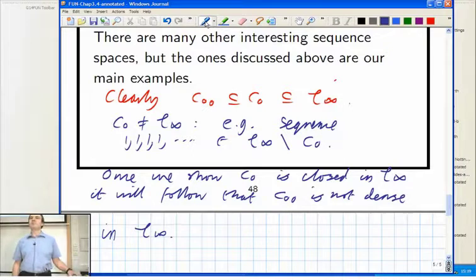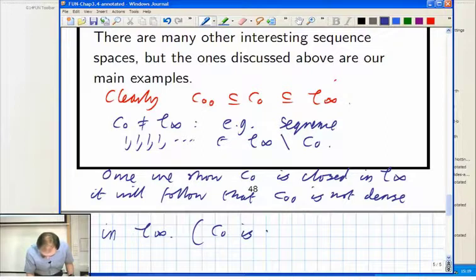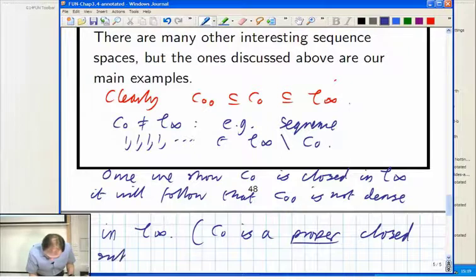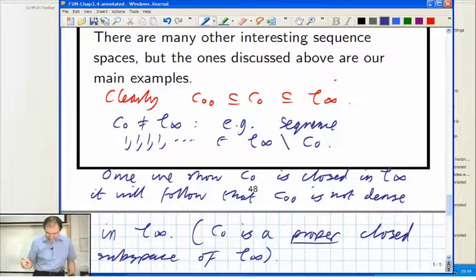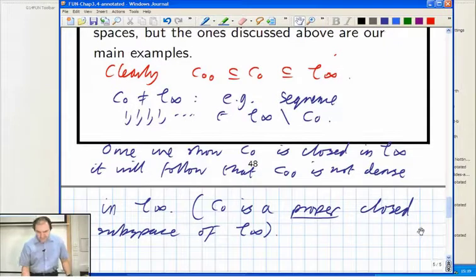But no subset of a proper closed subspace can be dense. Okay, so that will do that.